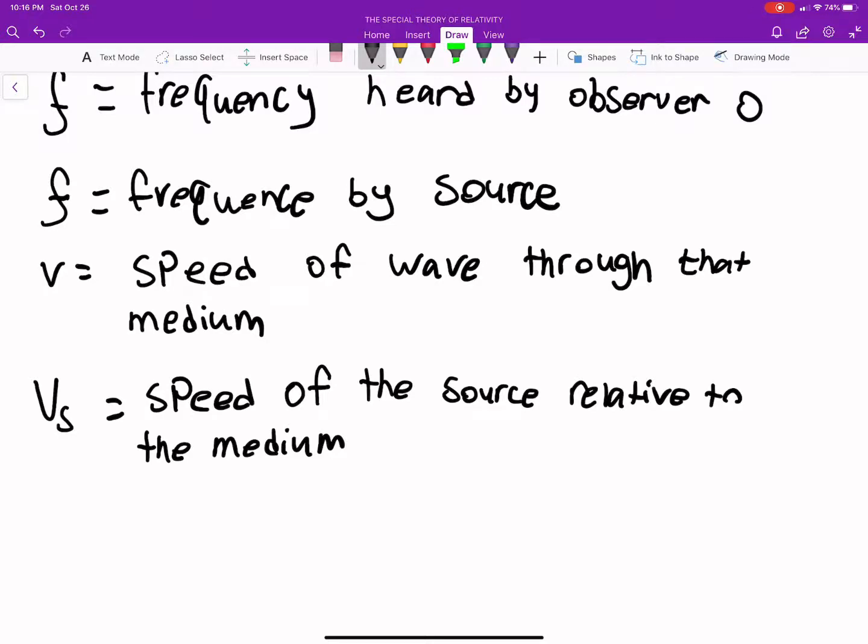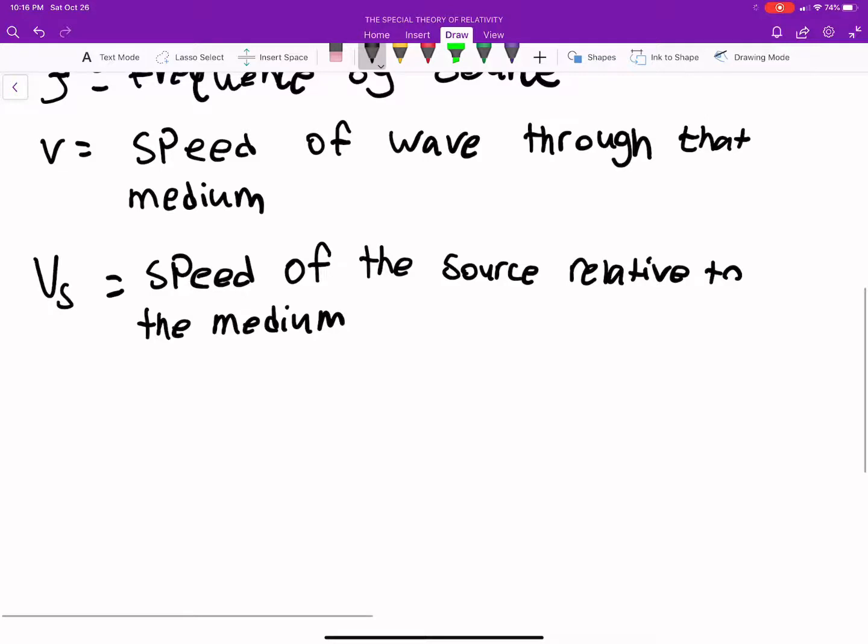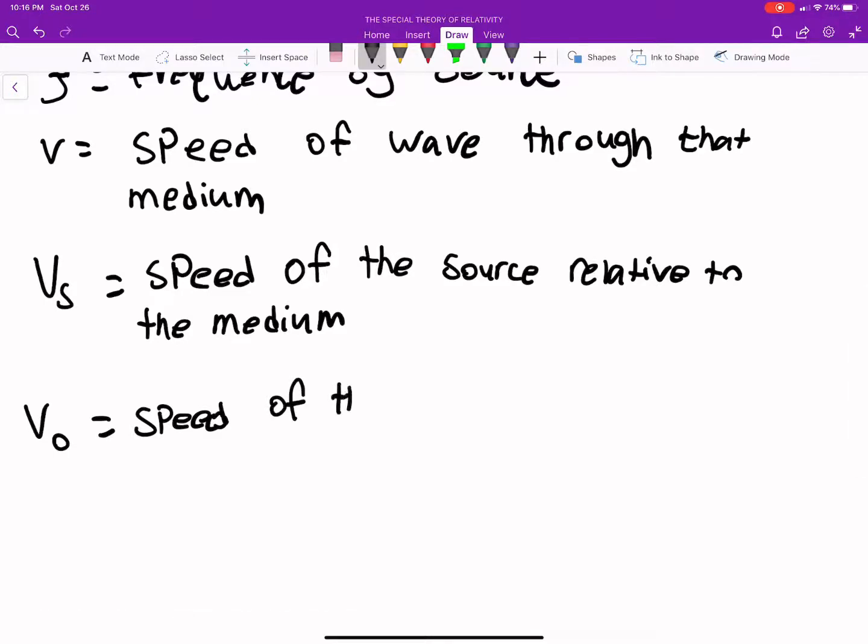Okay, so we know what this is, we know what this is, we know what this is, we know what this is, and this, and then lastly V sub naught. That's the speed of the observer relative to the medium.